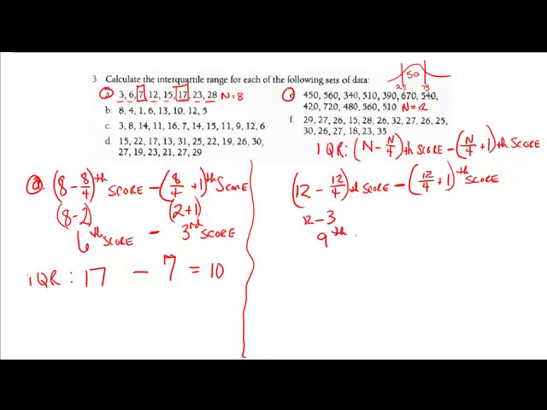So I need the ninth score. And I need to subtract from that, again, 12 divided by 4, which is still 3, plus 1, the fourth score.